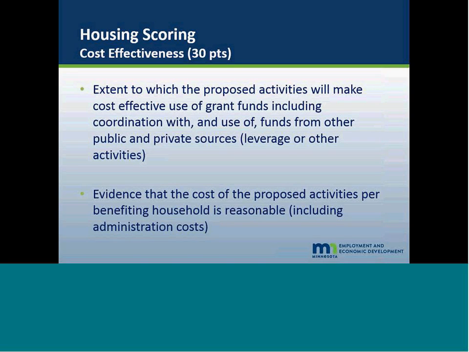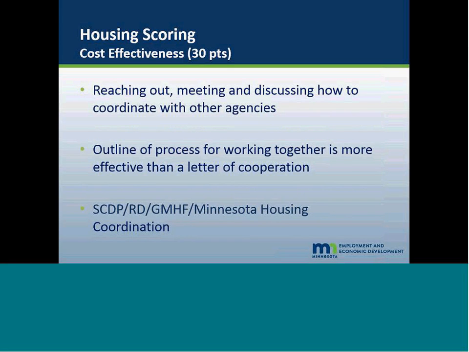This could include administration costs, in services. You can meet and discuss with other agencies if there's other funding sources, organization, something that you can add to your grant. This could increase your cost effectiveness.